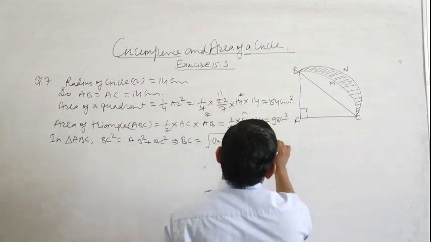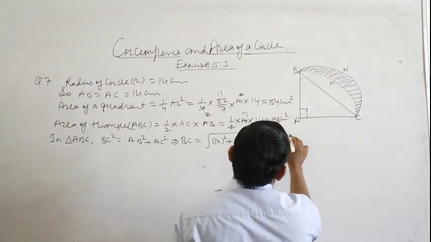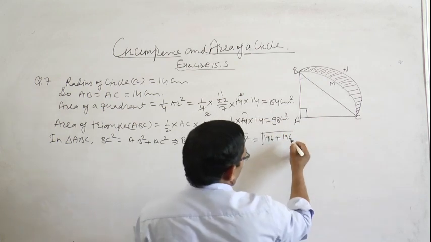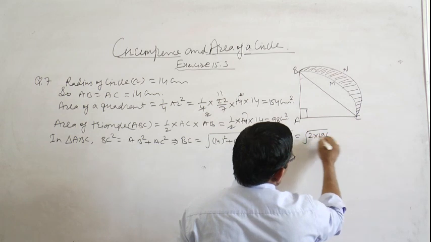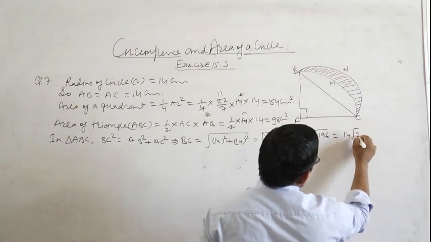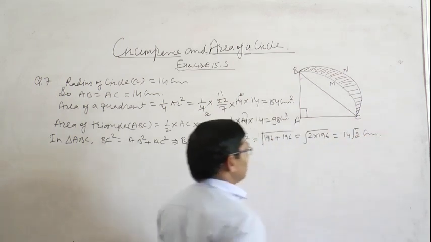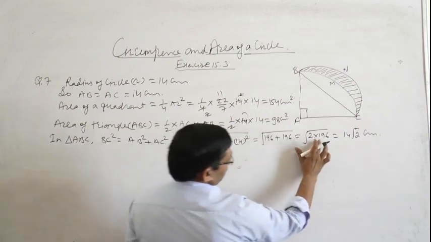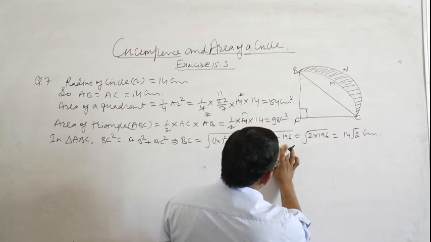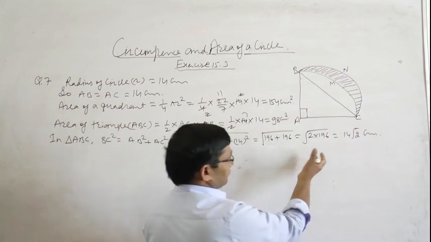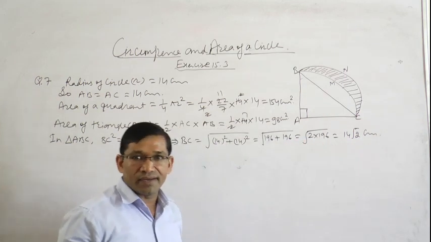14 square is 196, plus 196. We can also write this in simple form as 2 multiply 196, so the square root of 196 is 14 and the square root of 2 stays.